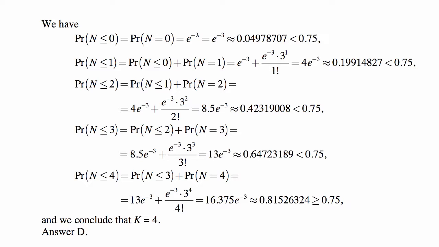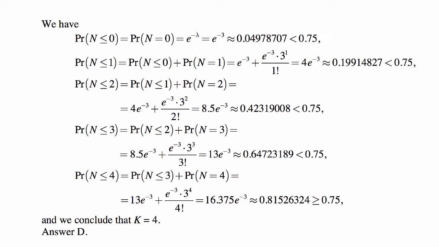And just 16 times 0.05 is already 0.8. Is that right? Because 10 times 0.05 is 0.5, and 6 times 0.05 is 0.30. So this is definitely more than 0.75. And therefore k is 4.